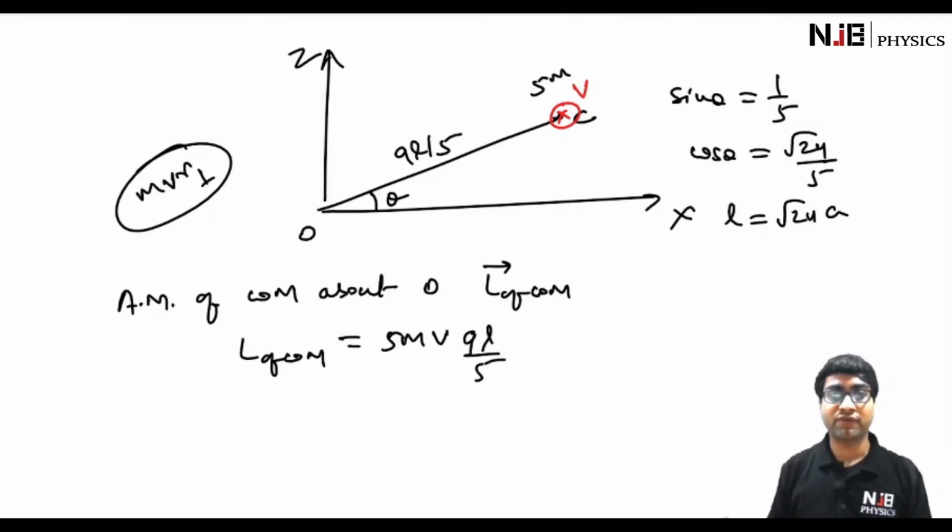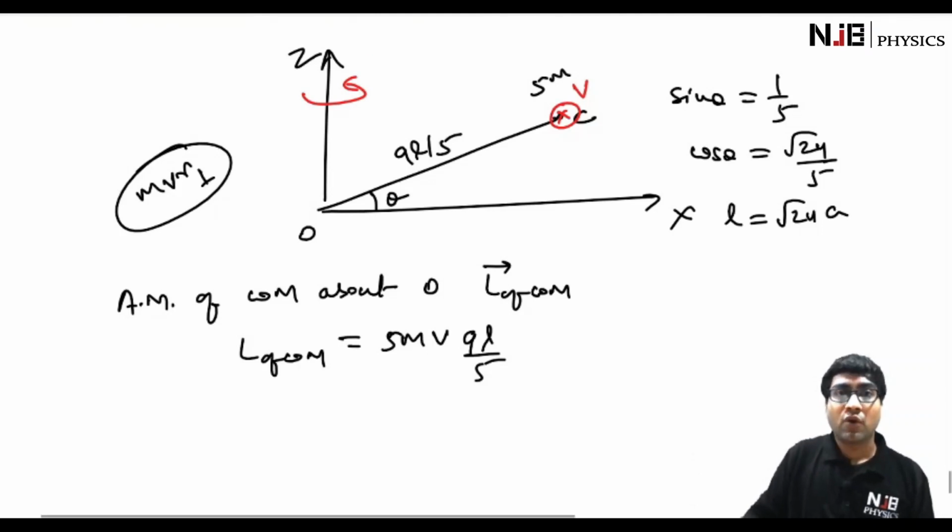So we have to get the value of this velocity v, and how we are going to do that? We know that this center of mass is revolving about the z-axis in a horizontal circular motion, and we have already calculated that angular velocity about the z-axis is equal to omega by 5, which we have already referred to as alpha.